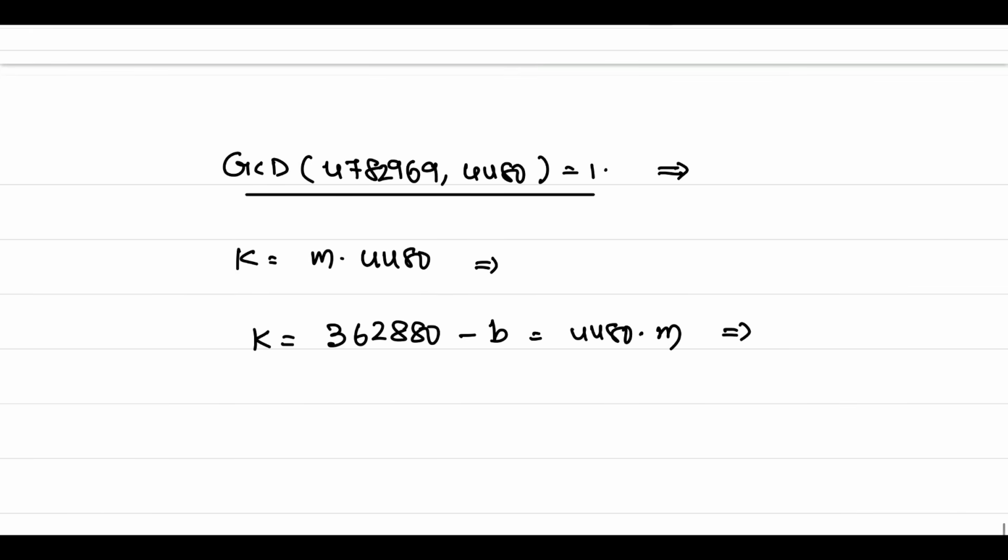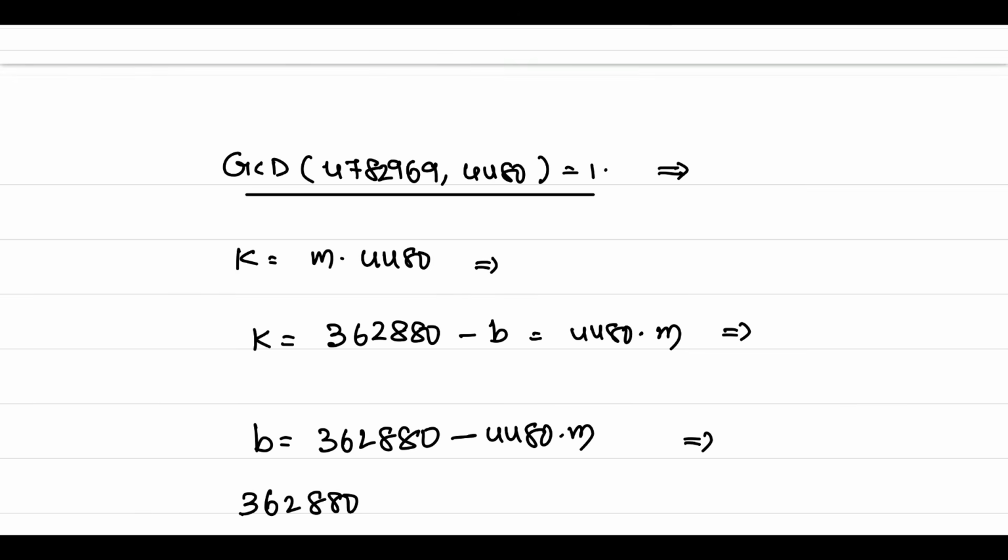That implies B is equal to 362880 minus 4480 into M. And B must be a positive integer. That implies 362880 minus 4480 into M should be greater than 0.